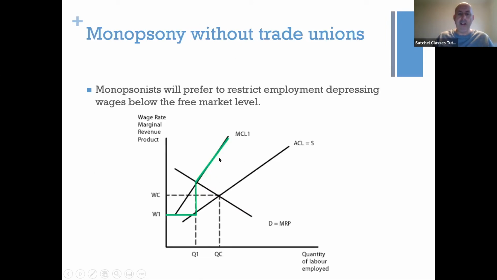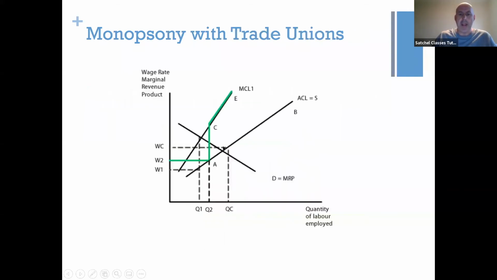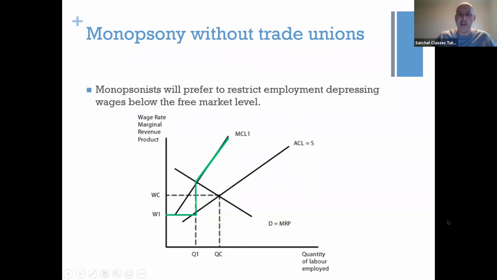And you can see that on this diagram. So the marginal cost for labour is the steeper curve, and that's the average cost for labour, which is the supply curve. Now, a monopsonist will employ people where the marginal cost for labour crosses the marginal revenue product.